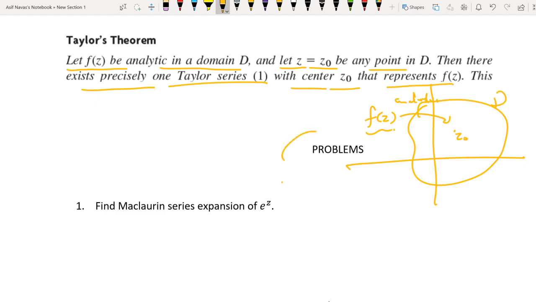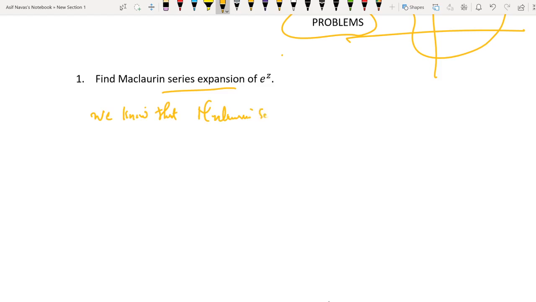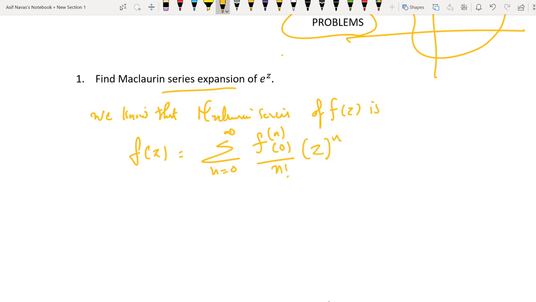Now we will do some problems. First, find the Maclaurin series expansion of e raised to z. So we know that the Maclaurin series of f of z is sigma n equal to 0 to infinity, nth derivative of f at 0 divided by n factorial into z raised to n.